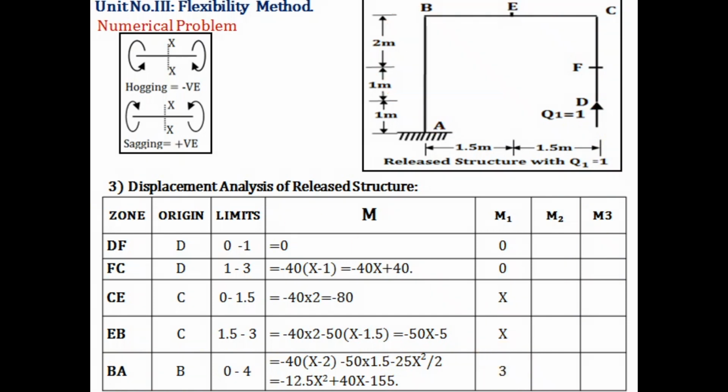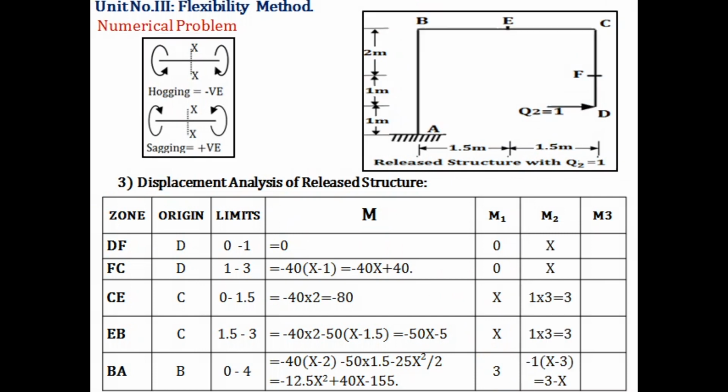Next we will find out the bending moment for the release structure with Q2 equal to 1. Now here first we take the section in FD. Measure x from point D, so the force will act like this. We are standing inside, so the nature of bending moment is sagging, positive.